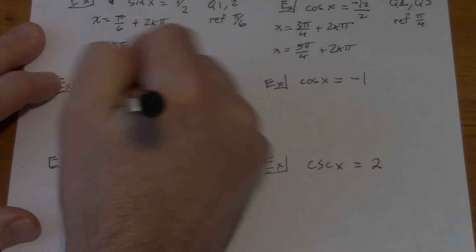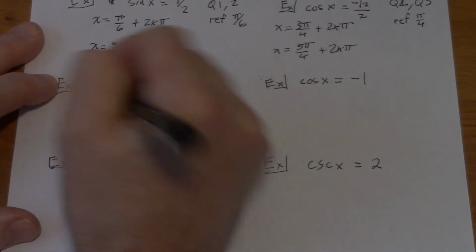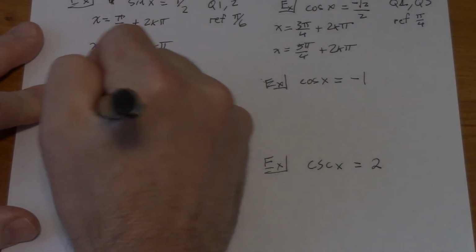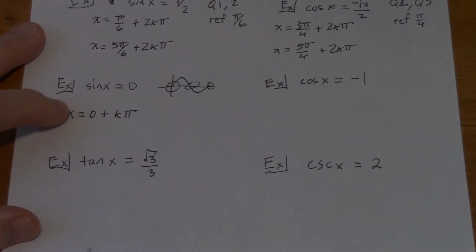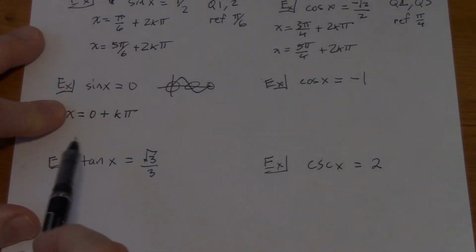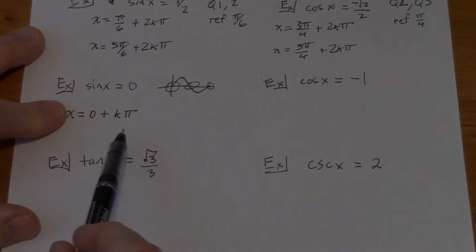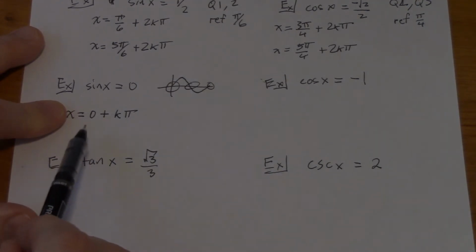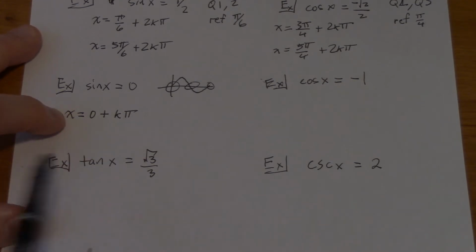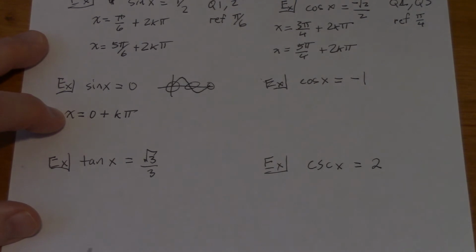So if I just figure out the first one, 0, I can just say 0 plus k pi, and I'll have all of my answers. For cosine equal to 0, you'd have to say pi over 2 plus k pi, and that would be all of your answers too. You can, if you want, think 0 plus 2k pi and pi plus 2k pi, but really this is the same answer.